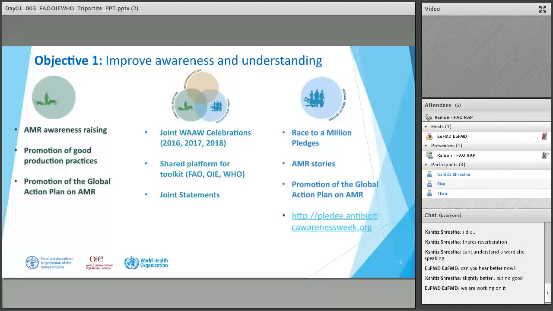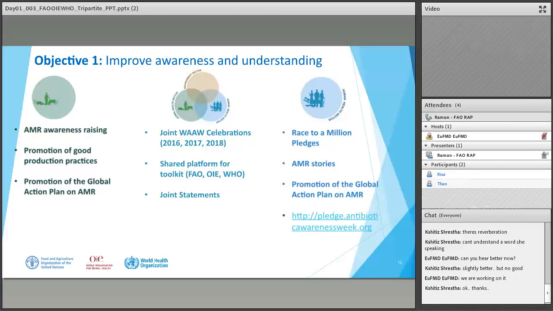Then coming to the joint action, we celebrated joint World Antibiotics Awareness Week in 2016, 17, 18. And now this event is also one of the ongoing celebrations of World Antibiotics Awareness Week.